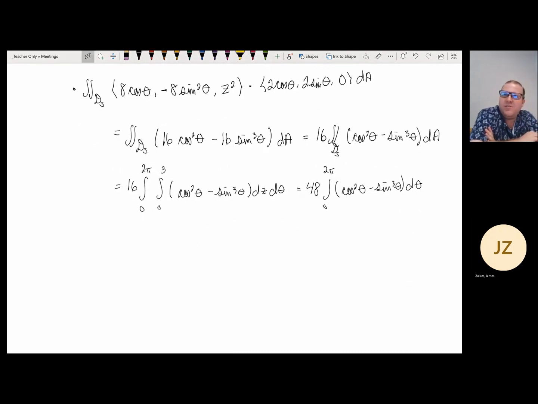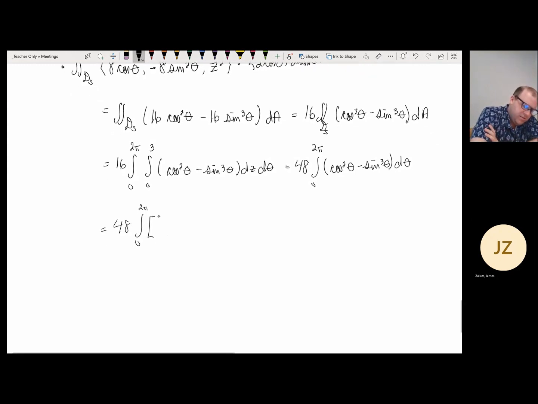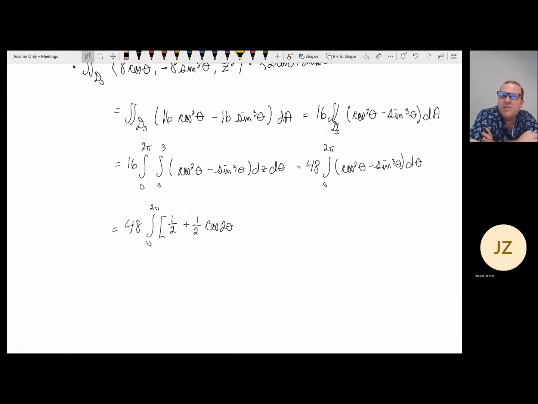Now we have to just try and figure that out. Well, cosine squared is half plus a half cosine 2 theta.